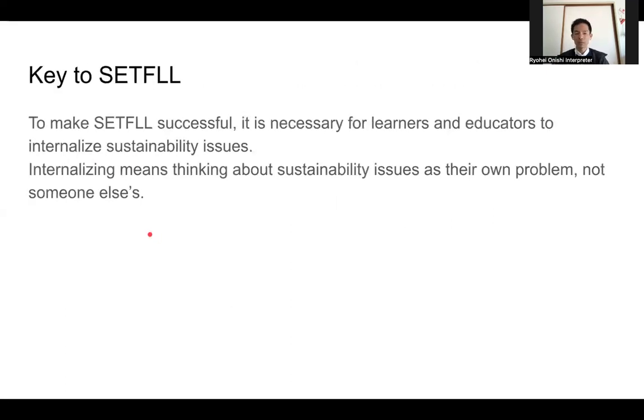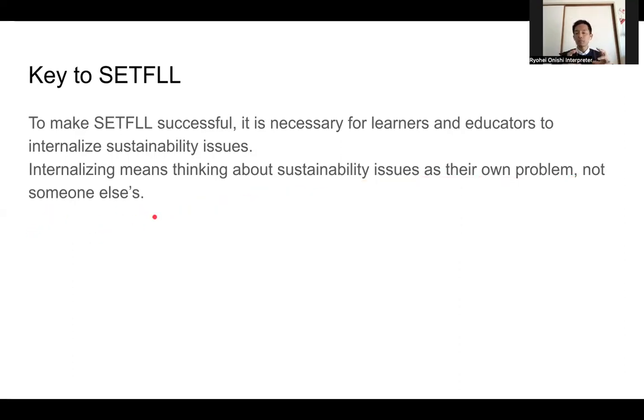So this is about SET4, but to make SET4 successful, it is necessary for learners and educators like me to internalize sustainability issues, to internalize SDGs. So here is a new keyword, internalize, right? Internalize means thinking about sustainability issues as your own problem, not somebody else's problem.